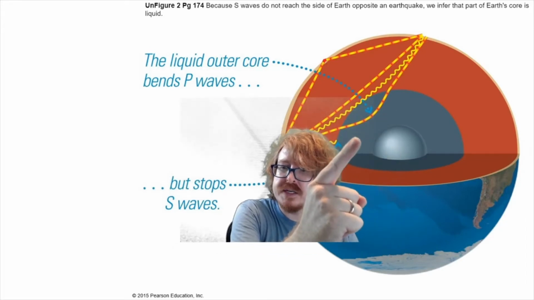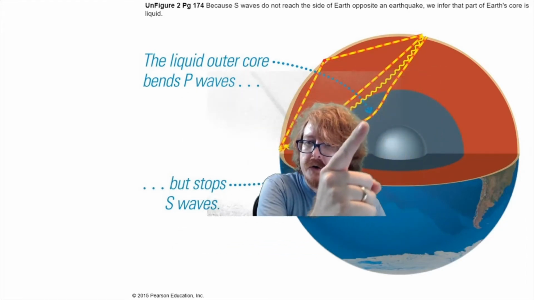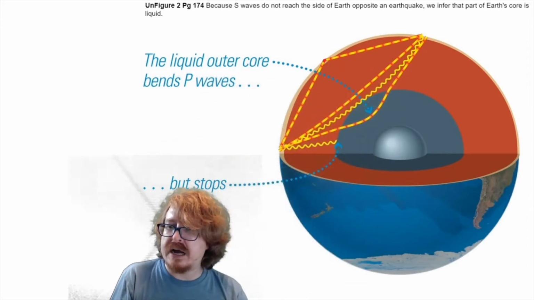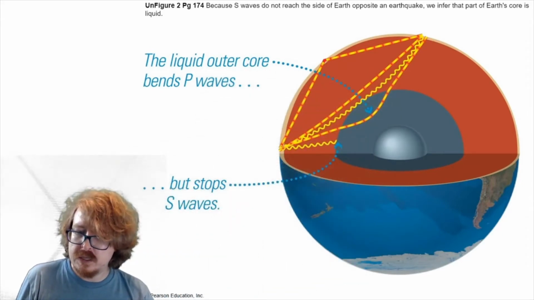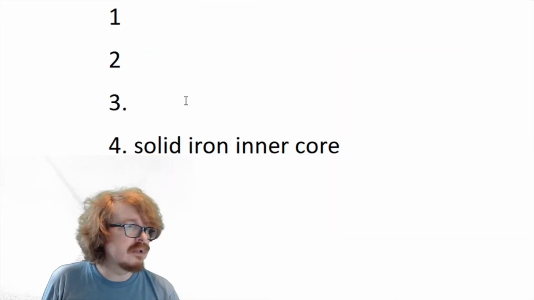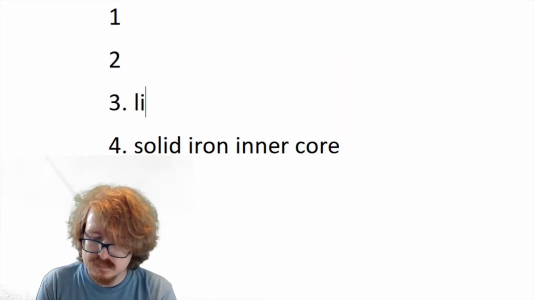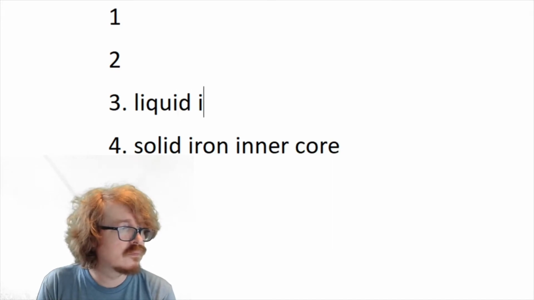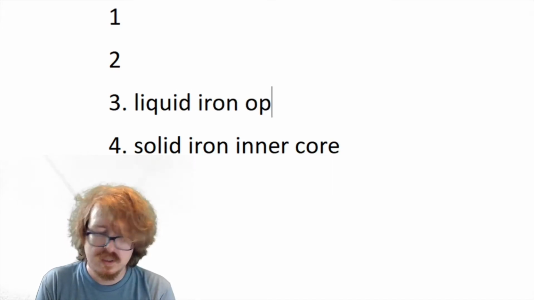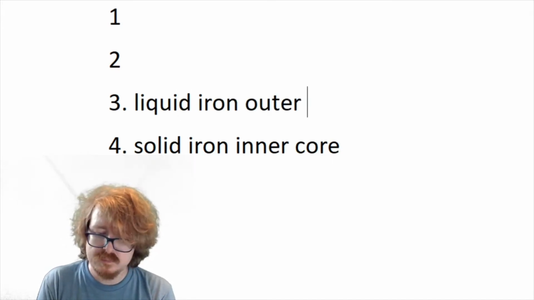Now this outer gray part here is called the liquid iron outer core. So let me type that in over here. So liquid iron outer core.